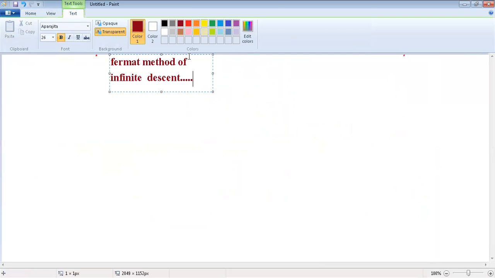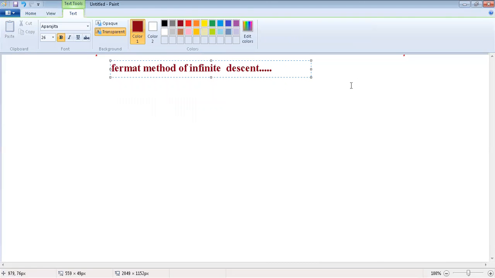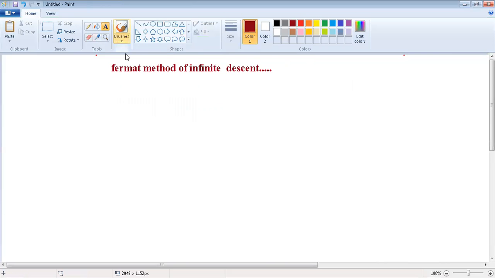When I do the concept, we'll come to know why some people coin this method as infinite ascent too, because in ascent we deal with whole numbers, and in descent we deal with fractions.